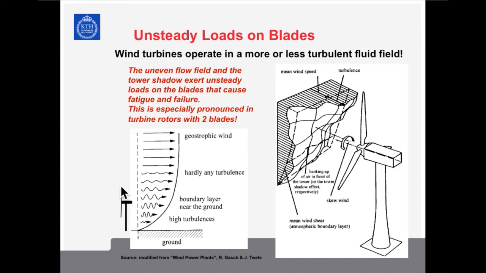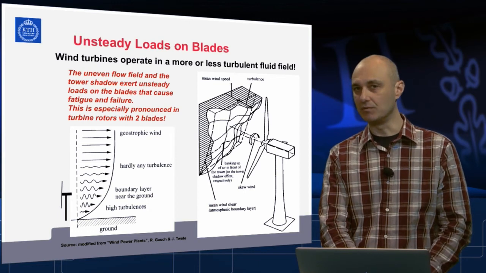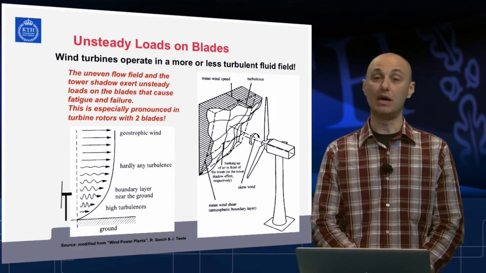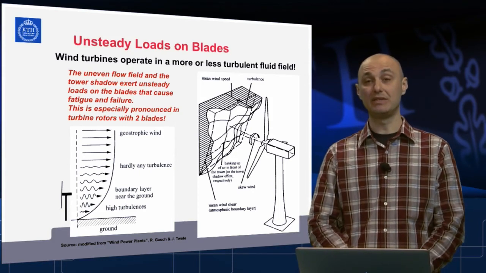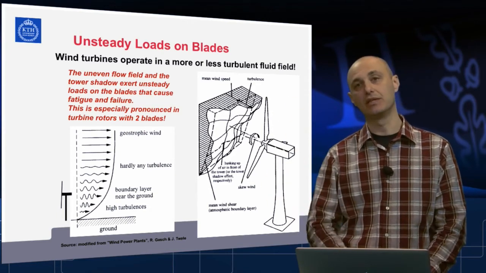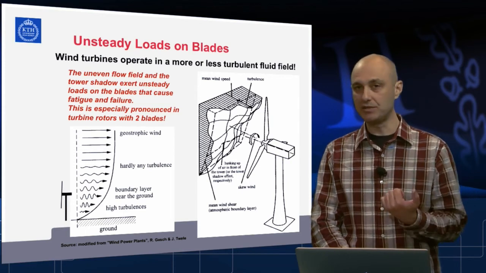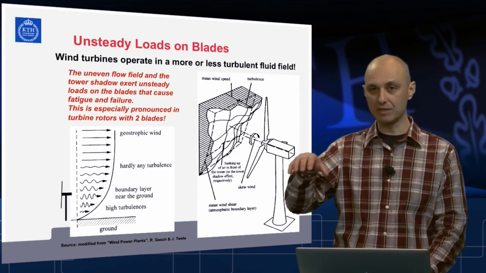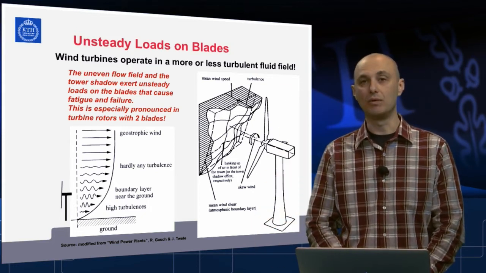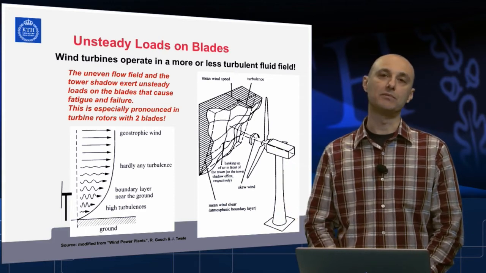This difference between the top, when one of the blades is pointing upwards while the other two are pointing downwards, the difference in wind speeds between those two extremes is sometimes enormous, up to several meters per second. This is definitely an unsteady force at every revolution that the turbine should sustain. First of all, the blades should sustain these forces. They transfer them directly through the mechanical structure to the hub, to the tower, to the foundation, and to the electrical power output.